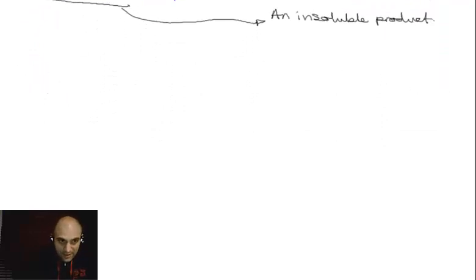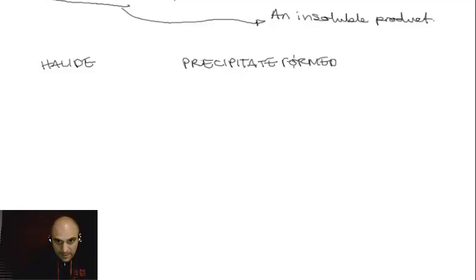If I have the name of the halide, and then we're going to have the precipitate formed. Okay, here's a table. What we have, okay, white, cream and yellow. I normally call them different, but doesn't matter.